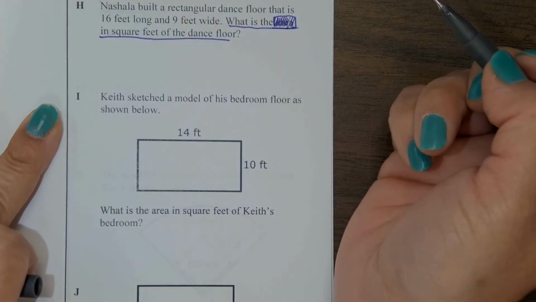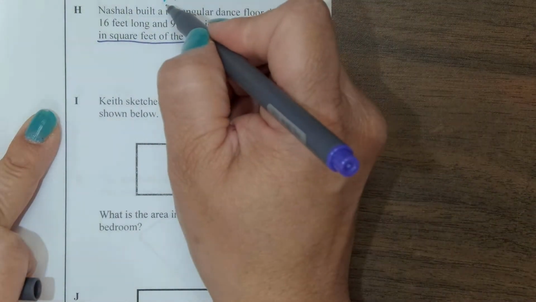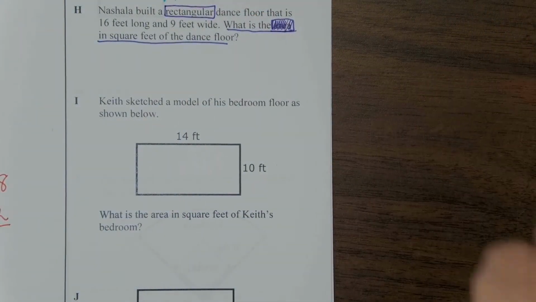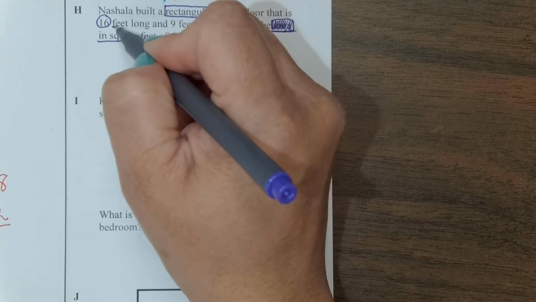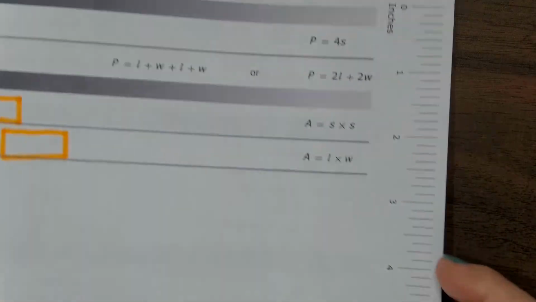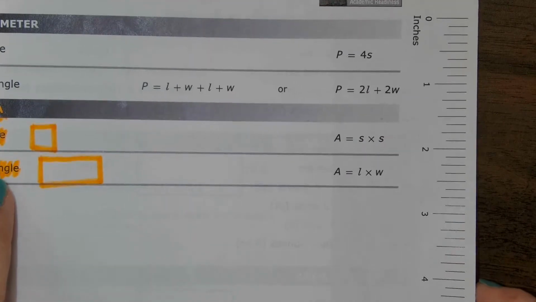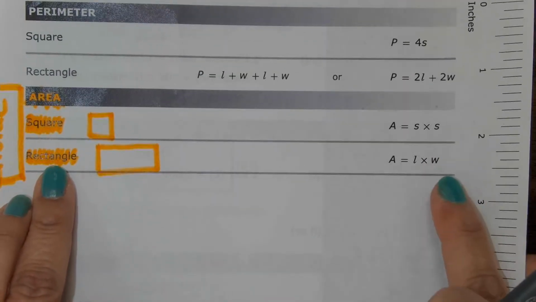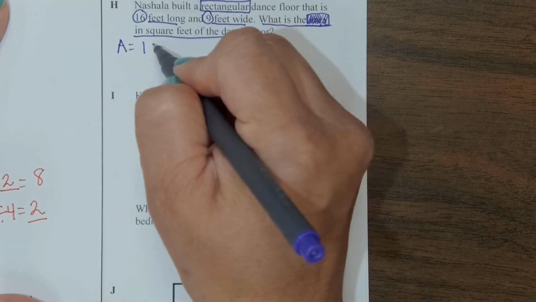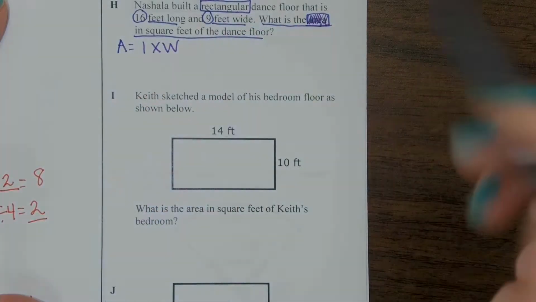And we know that the dance floor is a rectangular dance floor. It is 16 feet long and 9 feet wide. So a rectangular dance floor, so we're using rectangle, which is area equals length times width. So we're going to do area equals length times width.